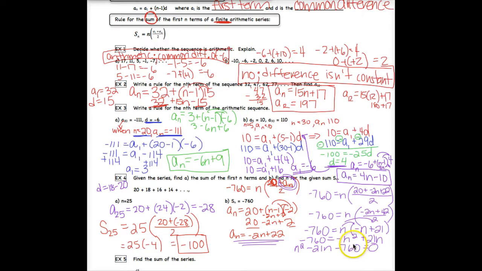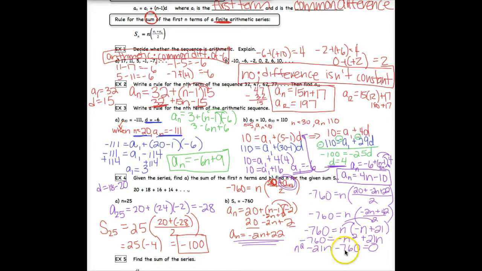Now, if this doesn't factor, you would have to do the quadratic formula. Because there's no number here in front of the n squared, which if you forgot to reduce here, there would be a 2, but you could take it out with GCF. So again, it's no problem if you forget to reduce here. You'll just have to take the GCF out when you factor.